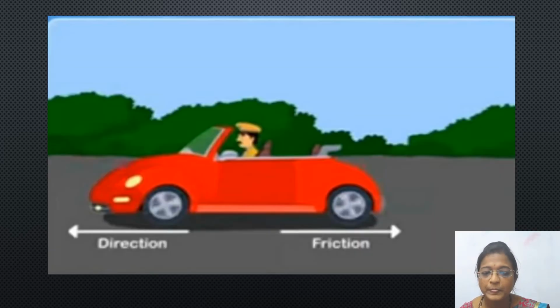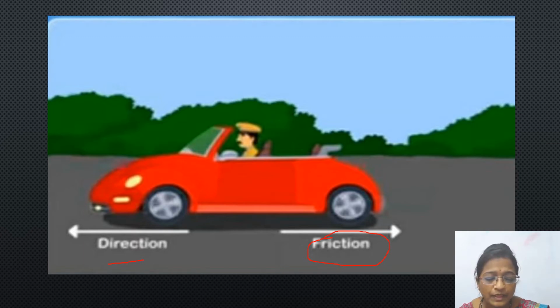So here you can see the car which is moving in this direction. Okay, and the friction is taking place here, which is opposite to the direction. So always the friction takes place opposite to the direction. The force of friction acts opposite to the direction of motion, as I said now.